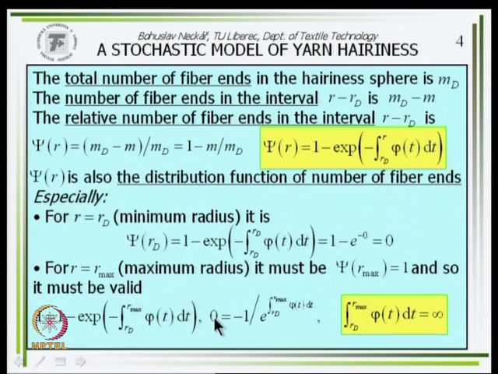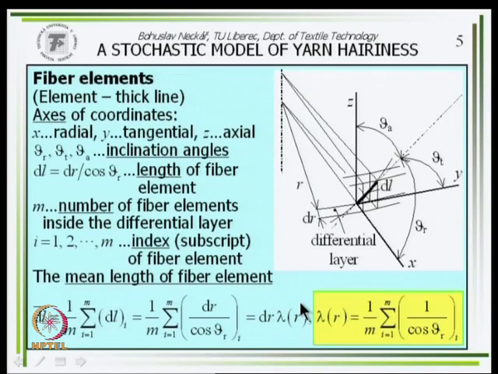We can write 0, because 1 minus 1 is equal to 0. 0 is minus 1 times e to the power of this integral. And what follows? This integral must go to infinity, so that this ratio is 0. We will need it later.